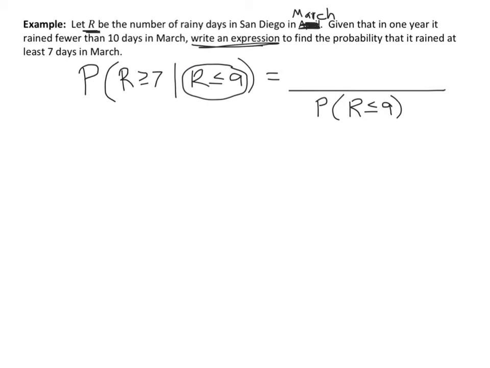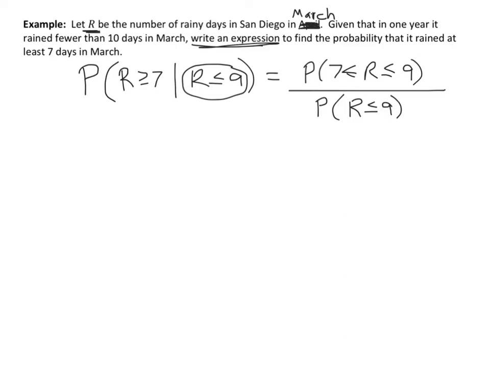So wouldn't I do something up here like the probability that 7 is less than or equal to R is less than or equal to 9? And again, I want you to slow down, pause, think about that for a moment, right? This is saying R has to be less than or equal to 9, and I want to know the probability that R is greater than or equal to 7. So basically, R's got to be in between 7 and 9.